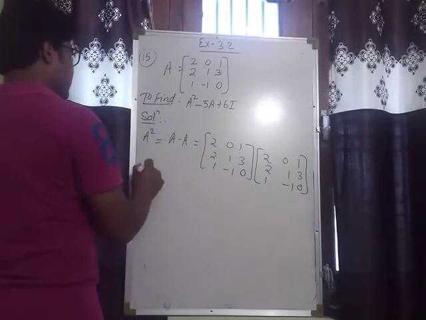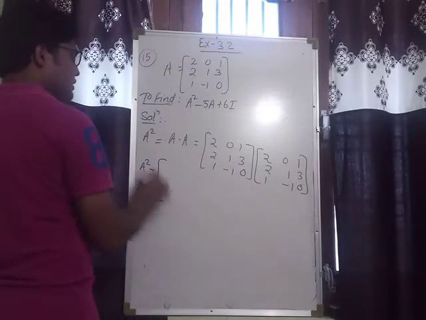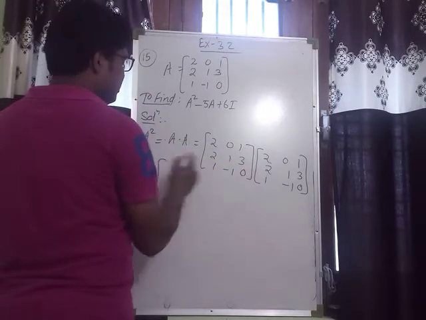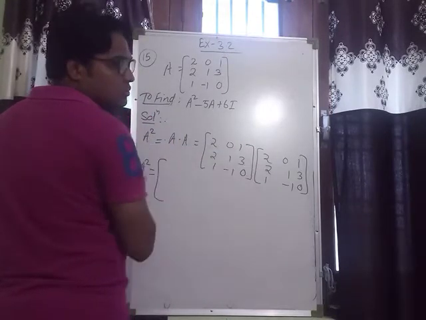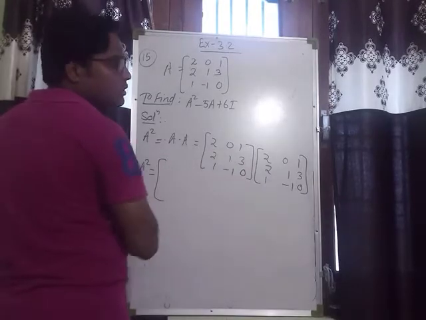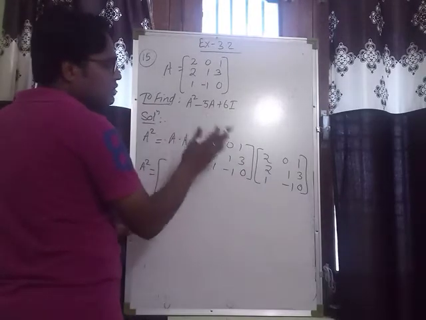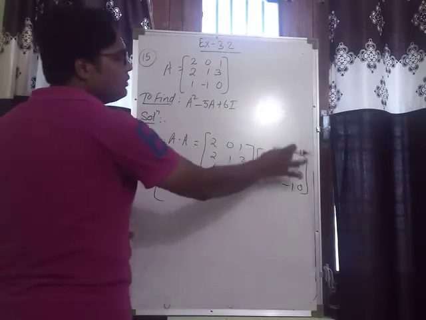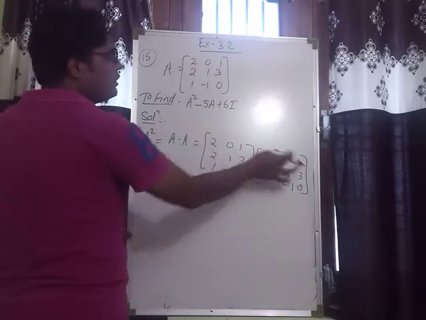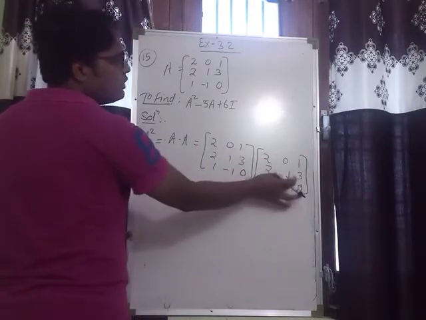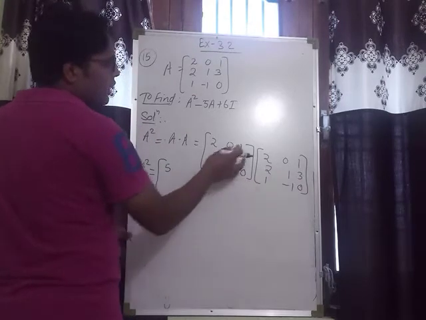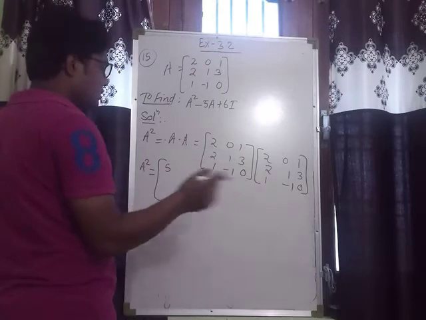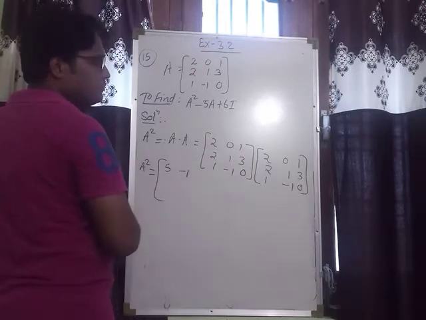First row, first column: 2 into 2, 4, plus 0 into 2, 0, plus 1 into 1, 1. So 4 plus 0 plus 1 is 5. First row, second column: 2 into 0 is 0, 0 into 1 is 0, and 1 into minus 1 is minus 1. So that will be minus 1.